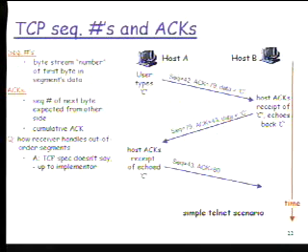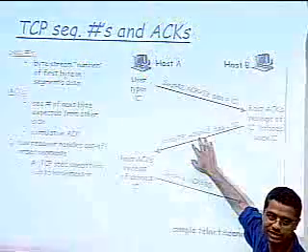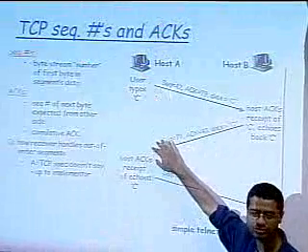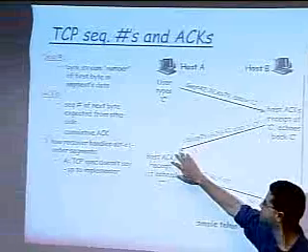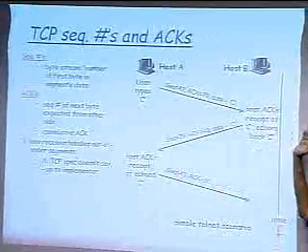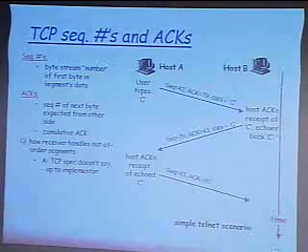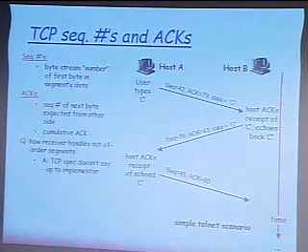So in this example, the round trip time is going to be this time, from when you sent out the sequence number 42 until you got the acknowledgement for that sequence number 42. You can measure the round trip time at the end host by simply keeping track of when you send the packet and when you got the acknowledgement back.